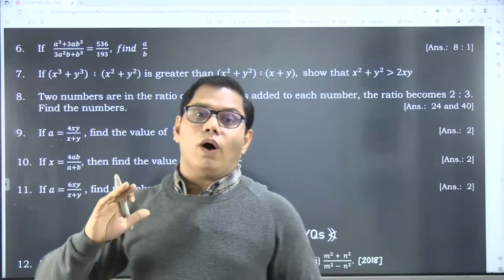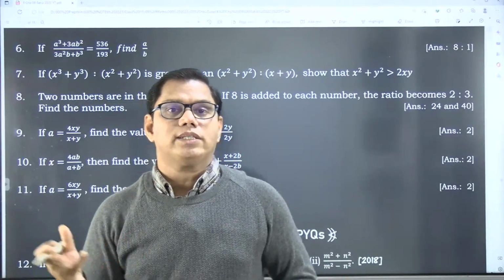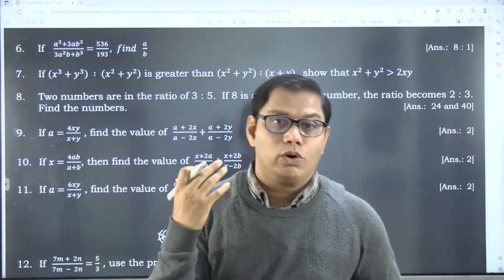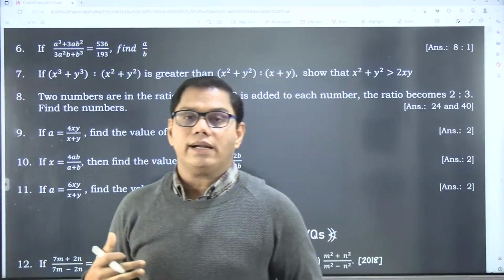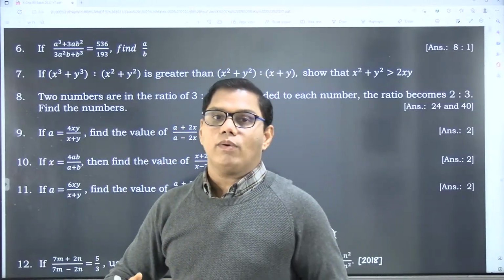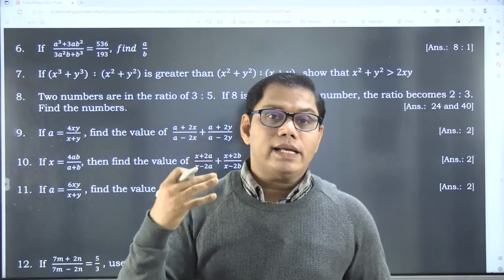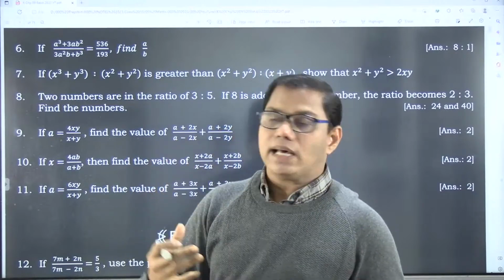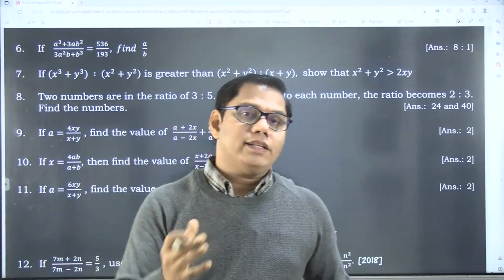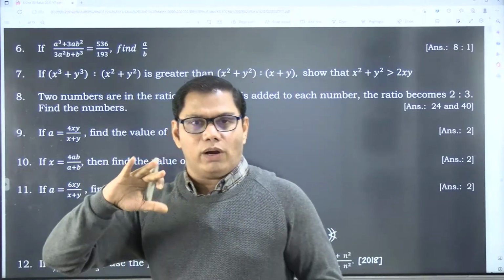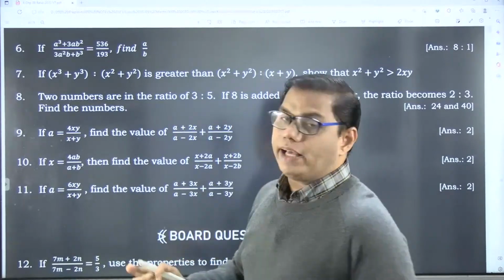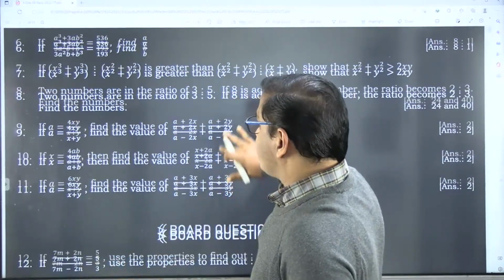What is omitted is application based questions. That means the question in your textbook, whether you are using Selina, R.S. Agarwal, M.L. Agarwal, or Frank, where there is a regiment in which soldiers are in this ratio, a war has taken place, and after the war this many soldiers died. These kinds of application based questions are omitted. Rest all will be there.